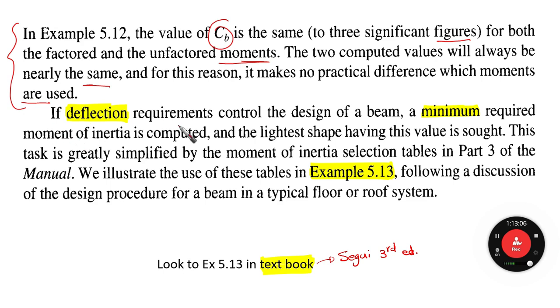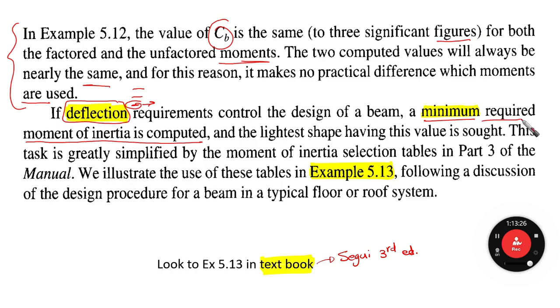If deflection requirements control the design of a beam, so as we said we have flexure, shear, and deflection, if deflection is going to control the design of a beam, a minimum required moment of inertia is computed. So take care of this approach.